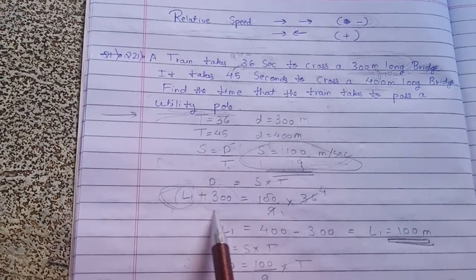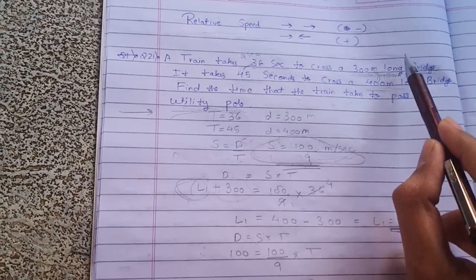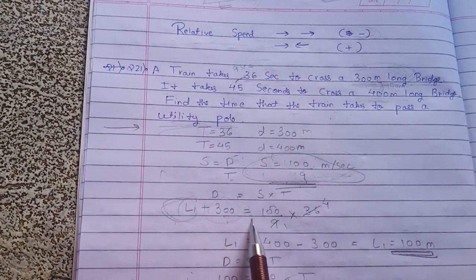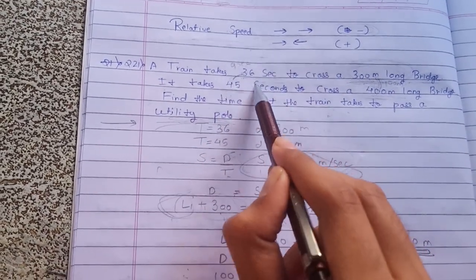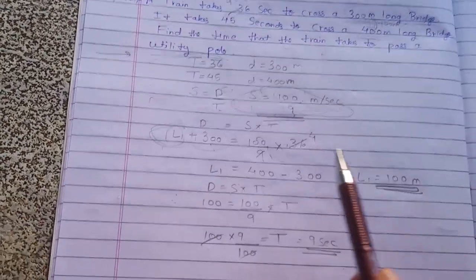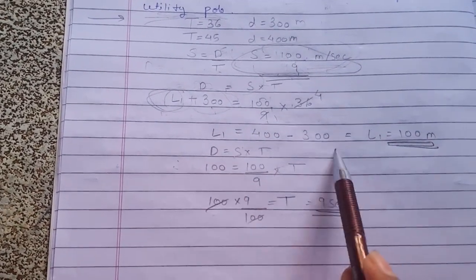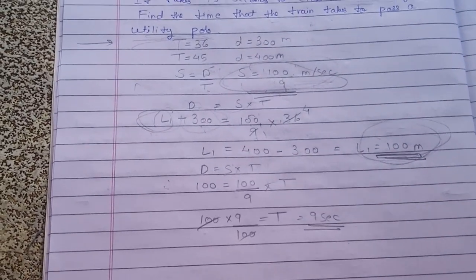And this is the 300-meter bridge. It will always add, because we are taking into consideration the length of the bridge. L1 plus 300 is equal to the speed of the train, which is 100 by 9, into 36, the time taken. We have just put it into the formula. Now by solving this, we get the length of the train, which is 100 meters.